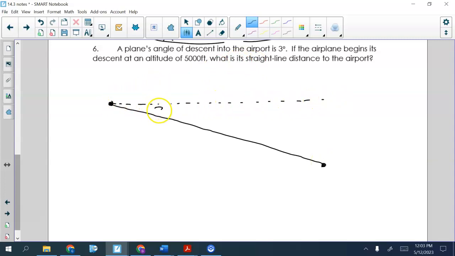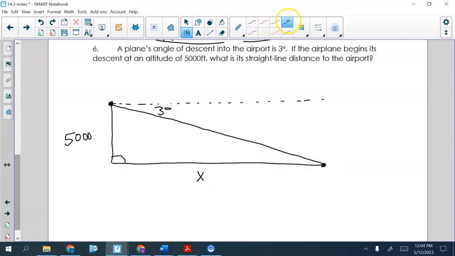So it's actually this top angle that's 3 degrees. The pilot is looking down to the airport at an angle of 3 degrees. The altitude is 5,000 feet. That's when the descent starts. And we want to know what is the straight line distance to the airport. So again, just that horizontal distance.